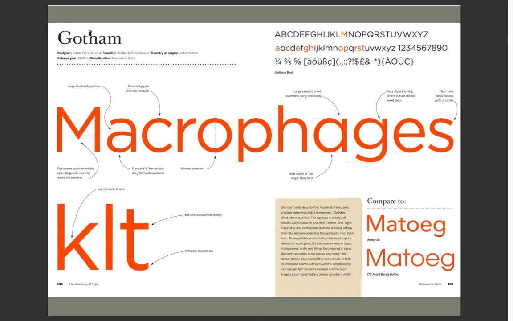Serifs are these little tick marks that you see at the bottom of certain letters. So this use of this word here, Gotham, has serifs. However, nothing else on this page has serifs. Compare the M, for instance, or the A. That A has a little tick mark here and a little bulb there. Those are serifs, and they're not on this sans serif font here.